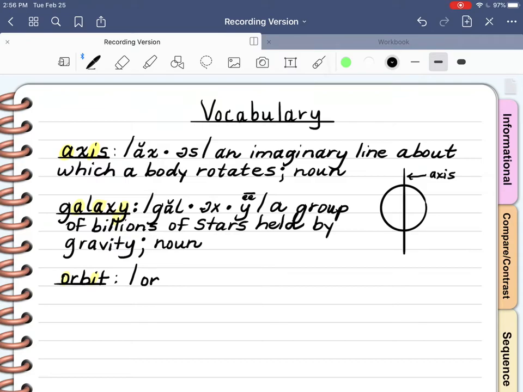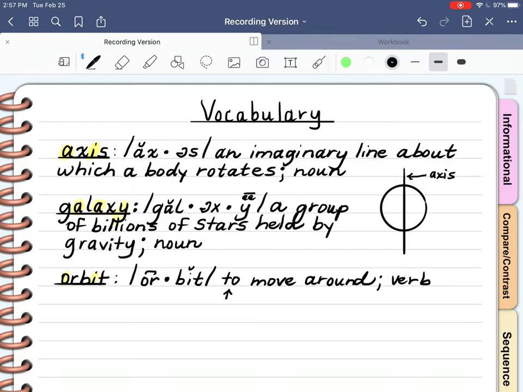The O is controlled by the R, or, and then this is a short O, short I. It says or-bit. Orbit. An orbit means to move around. And if a definition starts with the word to like that, it is usually a verb. So this one is a verb.